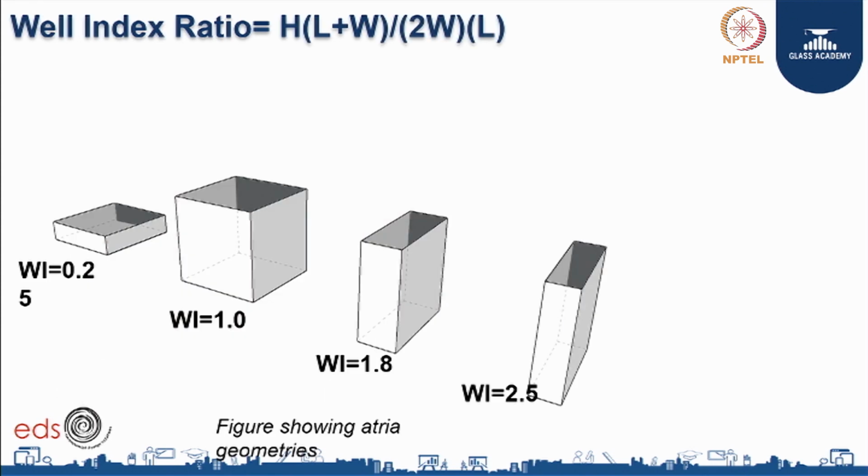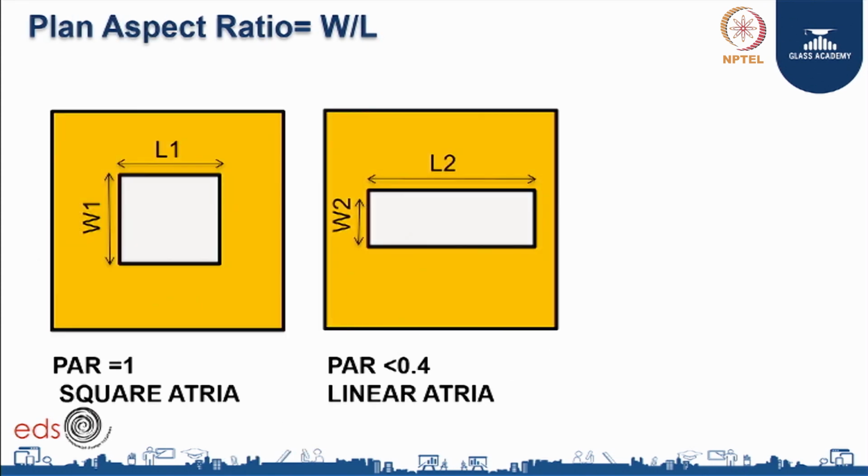The well index ratio is the appropriate index for determining the effect of geometry on the daylighting and the efficacy of the daylighting. So, if the well index ratio is less, there is less wall reflectance and we get enough daylighting till the floor.